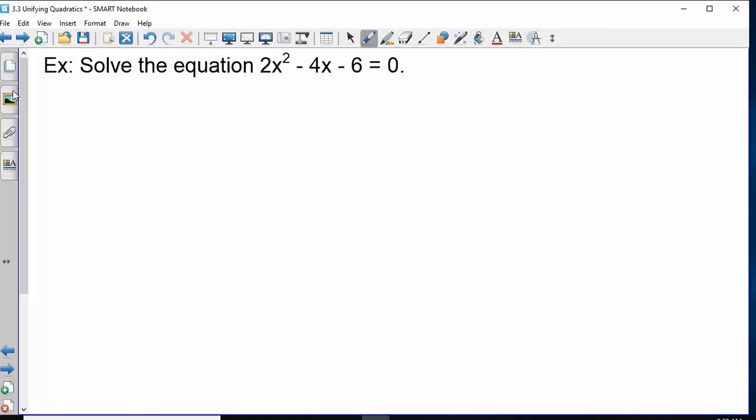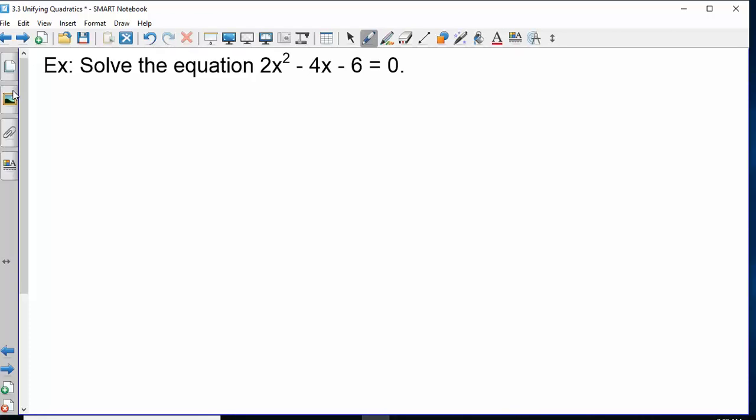Let's say I asked you to solve this quadratic equation. What are my options for solving quadratics? Box method, quadratic formula, completing the square, all of those things will work. Okay, so if I am looking at this one, what's the easiest method when it works?